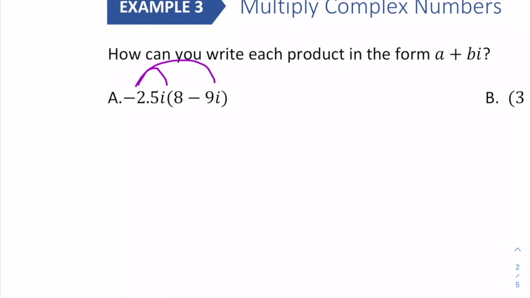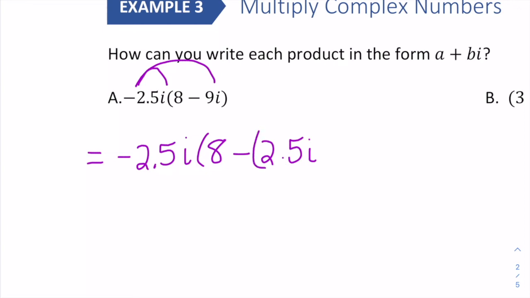So we have negative 2.5i, and I'm going to make sure I multiply that by 8, and then minus 2.5i times negative 9i.